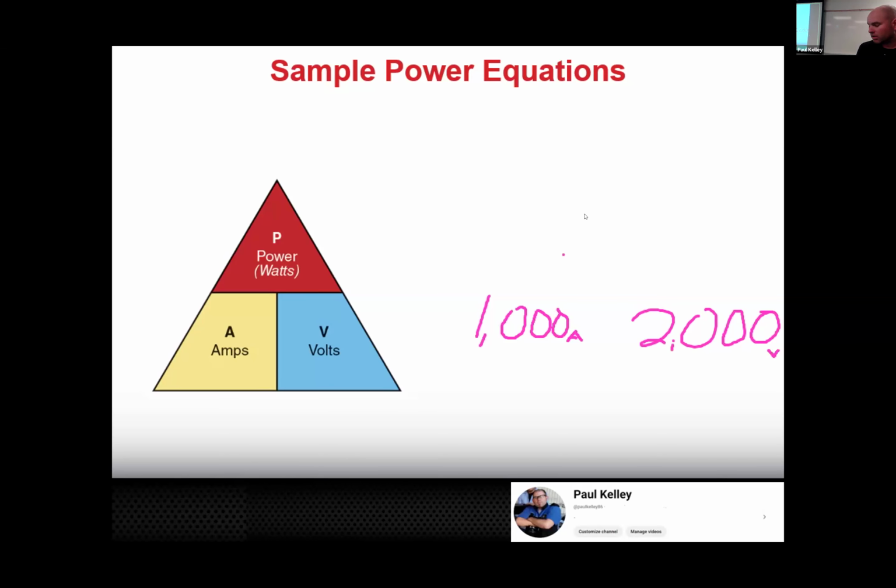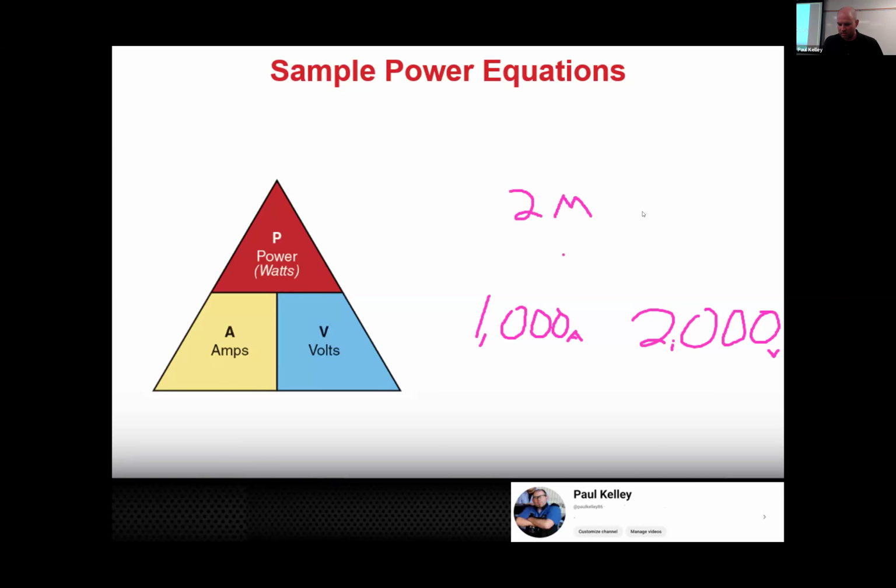So what do you think that number is? Pretty big numbers. So it's going to be hard for me to draw all those zeros. It is 2 million, correct. 2 million watts. So not a little m, but a big M.